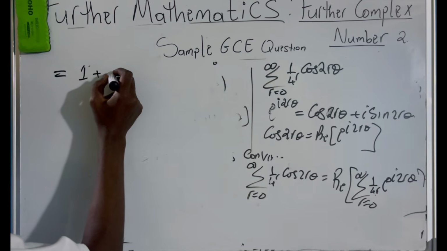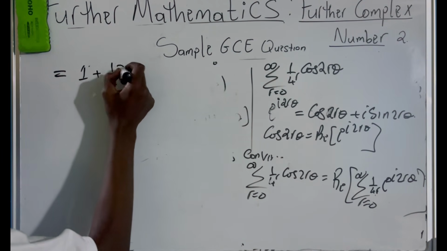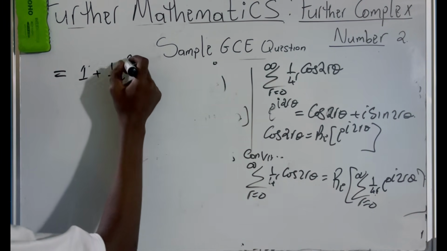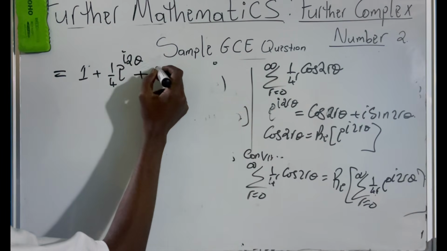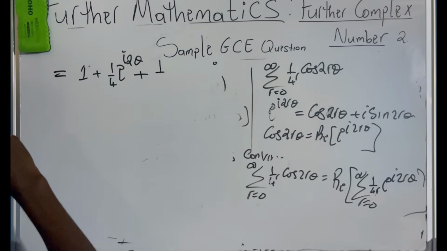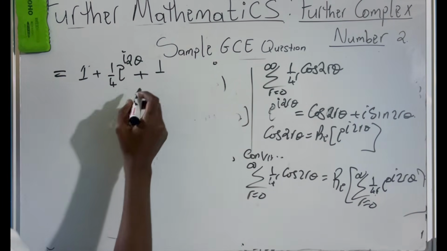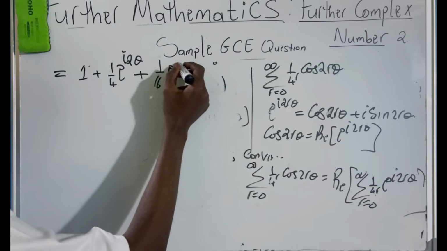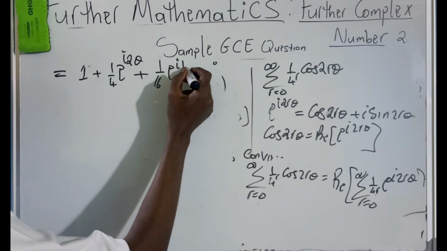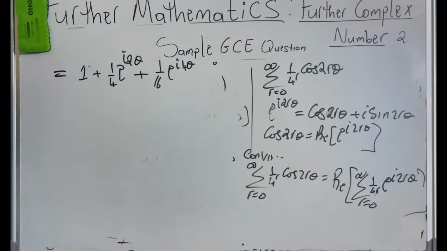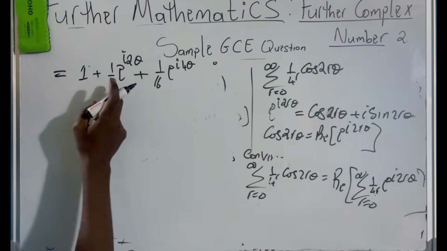The second term will be 1 over 4 exponential of i theta. The third term will give me 1 over 16 exponential of 2i theta.